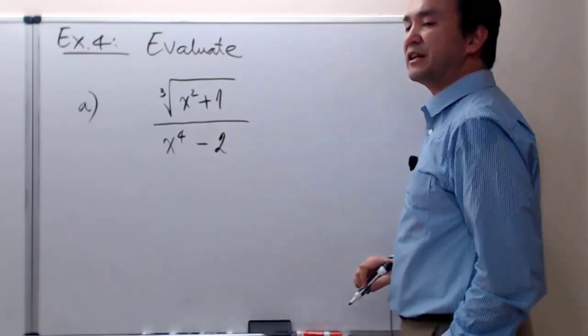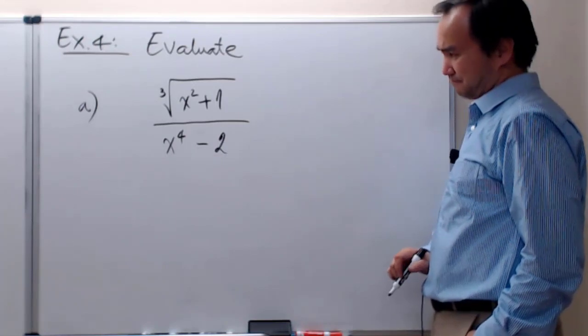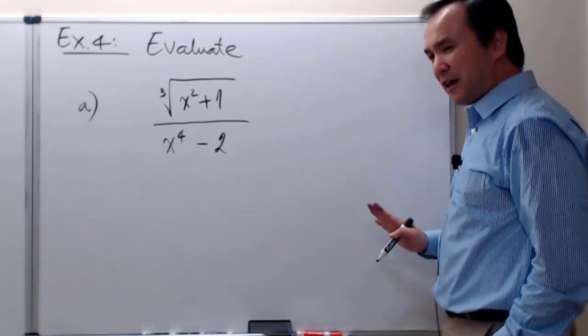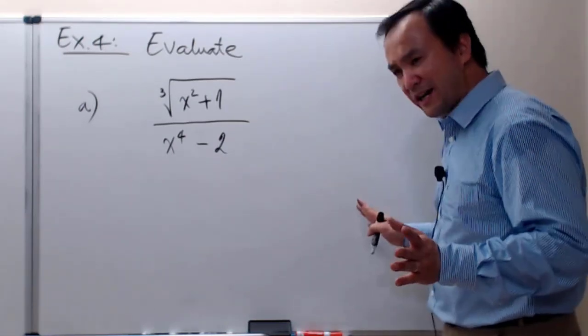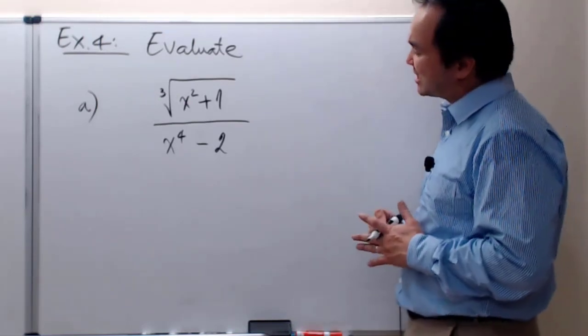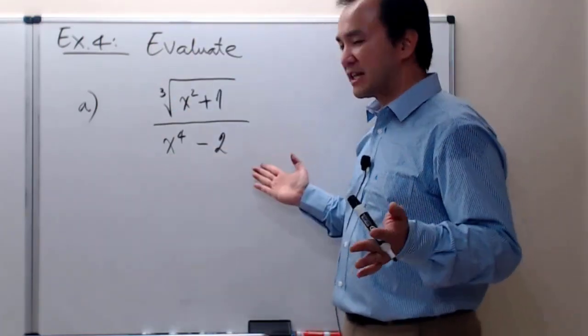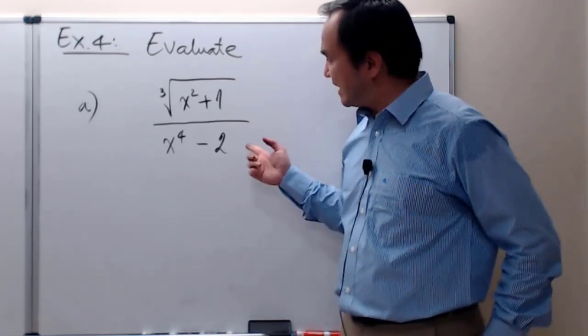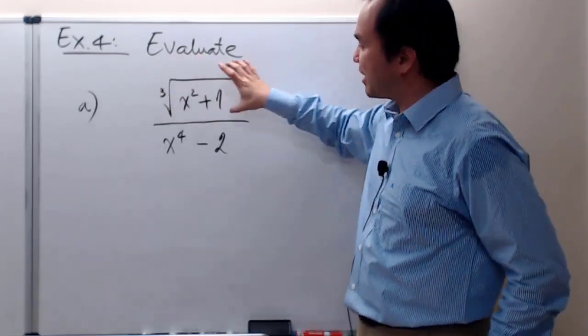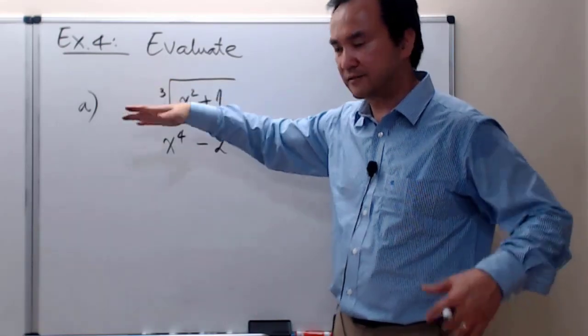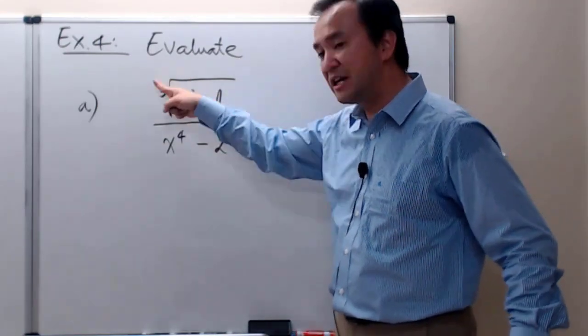My creativity keeps changing. So this function is not quite a rational function any longer, but what still remains here is that we have a fraction. But the reason it's no longer a rational function is because the numerator here is no longer a polynomial, it's actually a polynomial inside a root.